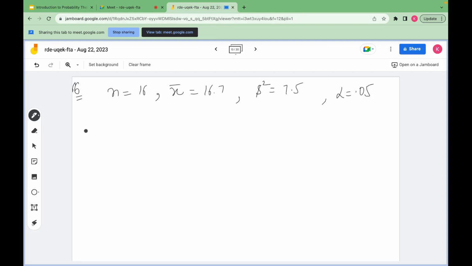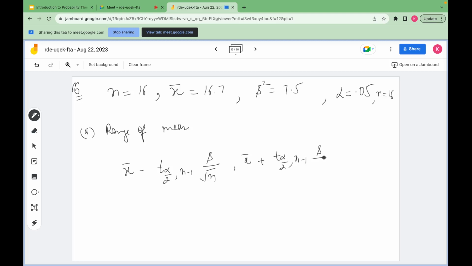So first part is we need to find the range of mean. So this will be x bar minus t alpha by 2, n minus 1 into s by root n, to x bar plus t alpha by 2, n minus 1 s by root n. X bar is 16.7.